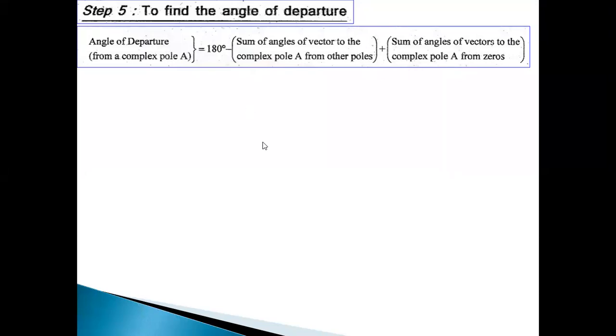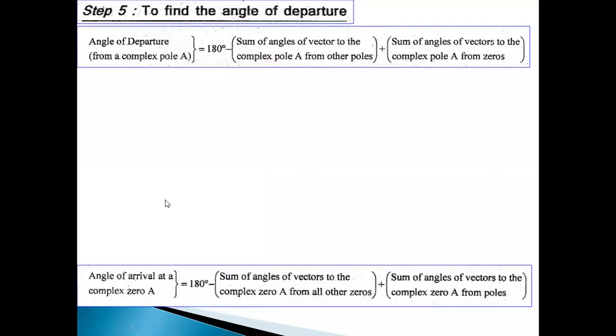Simply we can find it using a protractor. Once we draw the root locus branch, it is easy to obtain the angles. Otherwise, we can calculate the angles theta 1, theta 2, theta 3. These are the angles we have to calculate, and we can get them from the diagram itself.